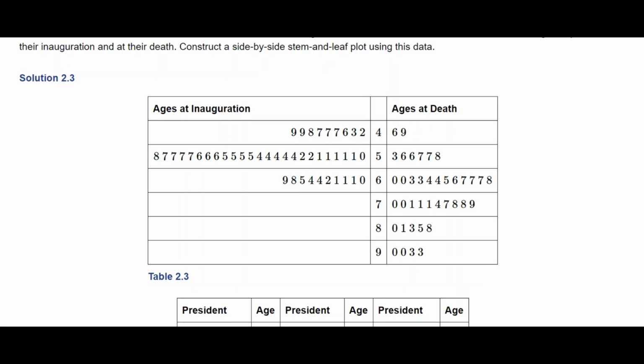So this gives us information that the minimum age of the presidents at the time of inauguration was 42 and the maximum age was 69. Similarly, the minimum age at the time of death of a US president was 46 and the maximum age was 93. So this gives us information about only the ages at inauguration and the ages of death of US presidents.